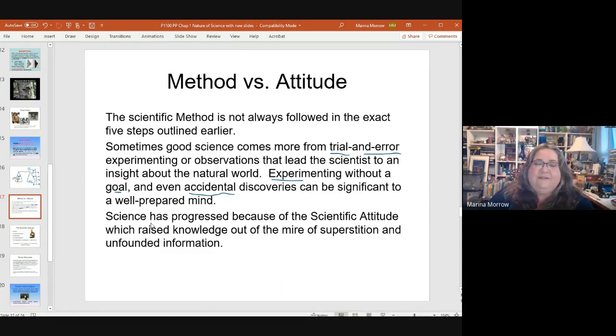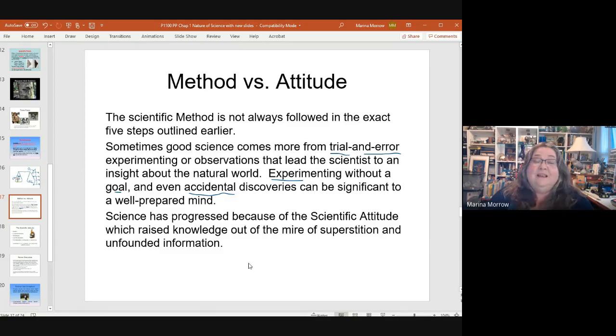And so science has progressed because of this scientific attitude. We're finding knowledge, testing that knowledge, so that we no longer rely on superstition and unfounded information. At least that's the right idea.